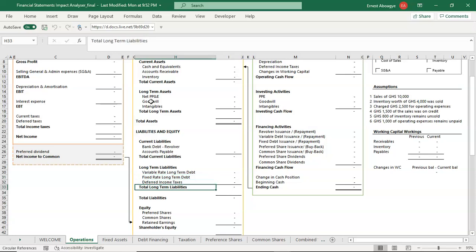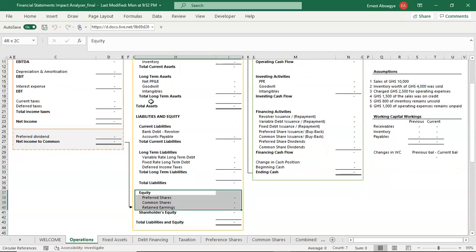And the equity, also known as the capital, are monies or funds shareholders have invested into the business. So those are the broad main categories.